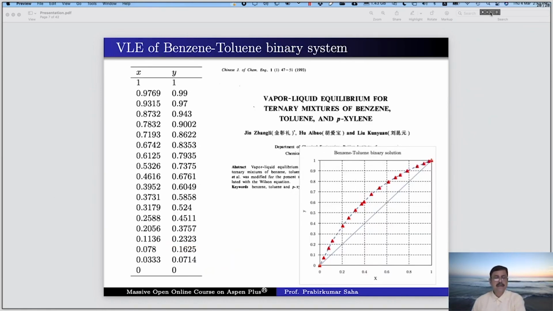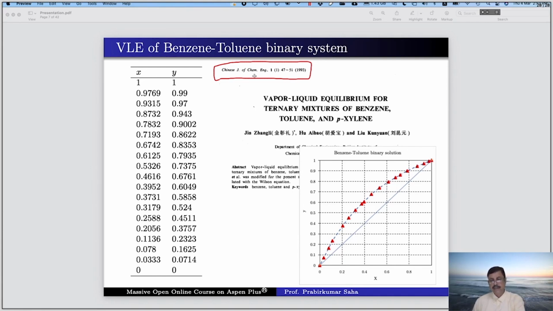This is an example, the vapor liquid equilibrium of the benzene toluene binary system that we were discussing a few minutes back. This vapor liquid equilibrium data for the benzene toluene binary system has been taken from a particular journal, the Chinese Journal of Chemical Engineering, volume 1, published in 1993.